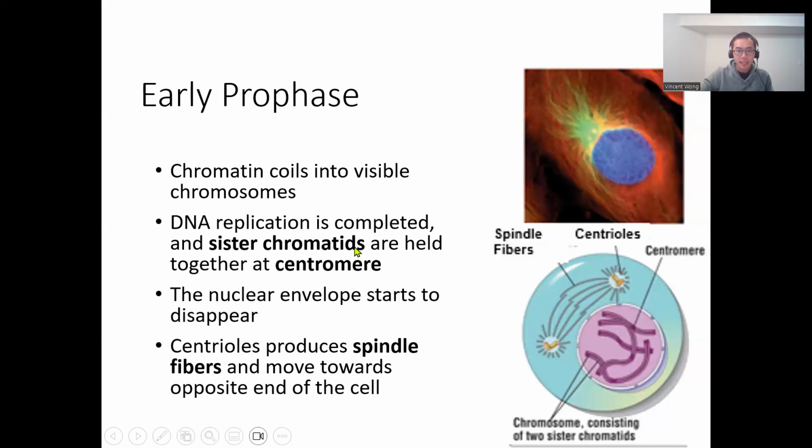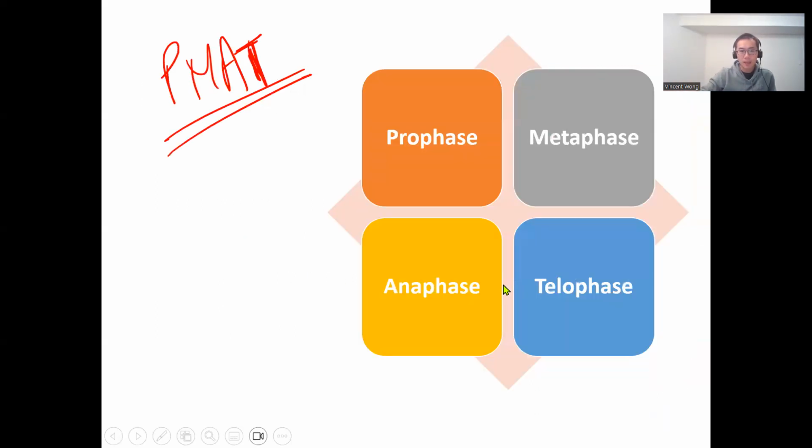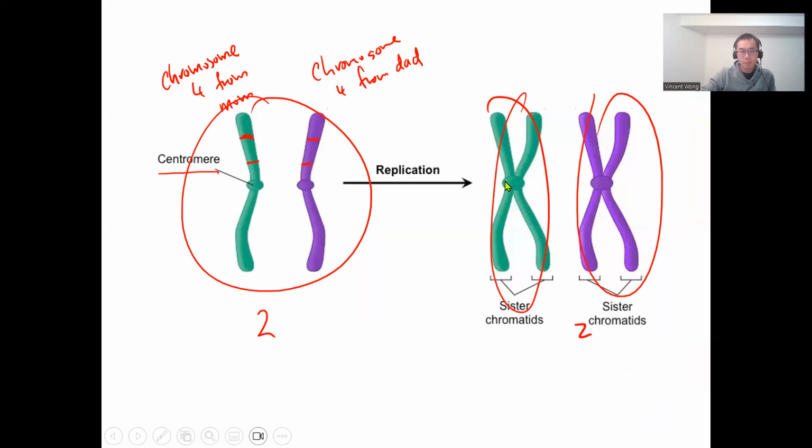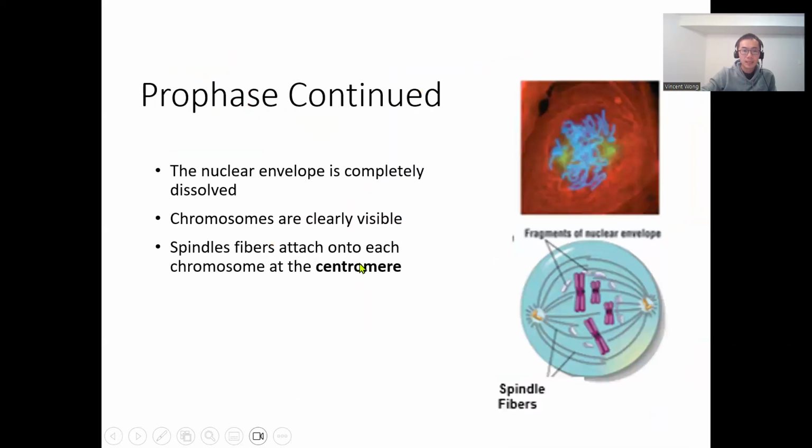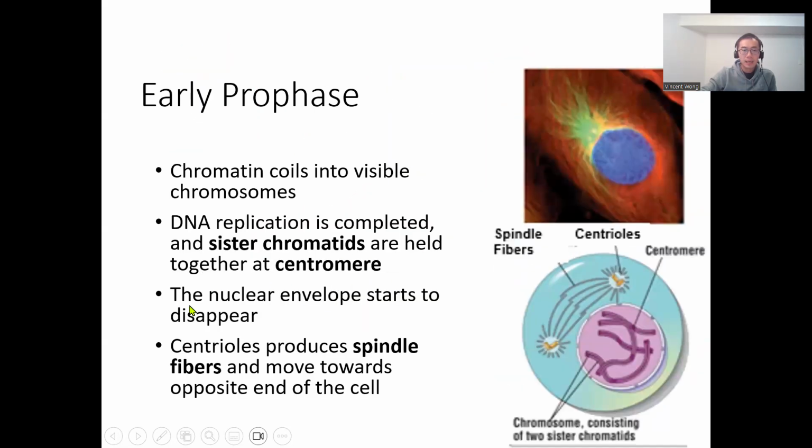The sister chromatids, essentially the copies of the DNA, are held together at the centromere. Just go back here to show you this, the place where you tie them together, that's the centromere. We have to get the chromosomes out of the nucleus, so that's why we need to remove the nuclear envelope.